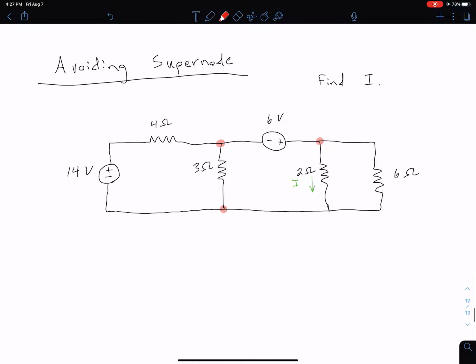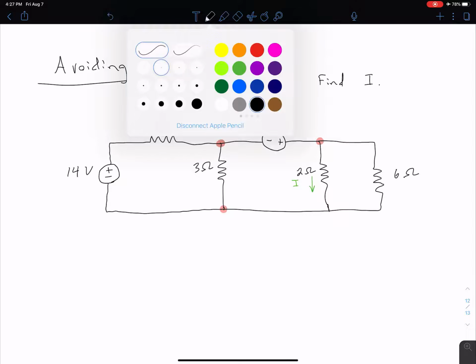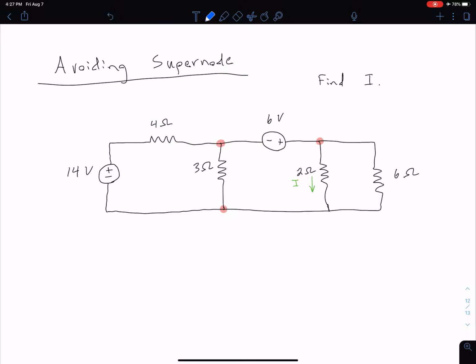So what we could do to make things a little easier on ourselves is define one of these top two essential nodes to be our reference. So let's say we make this top left node our reference node. Then we could define this top right node as node 1, and this bottom node as node 2.